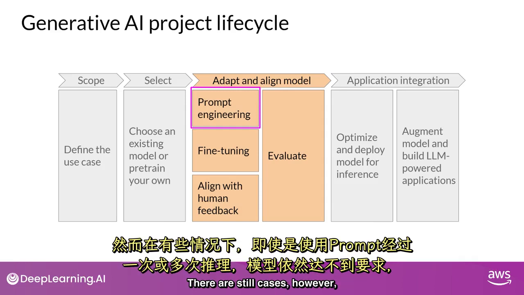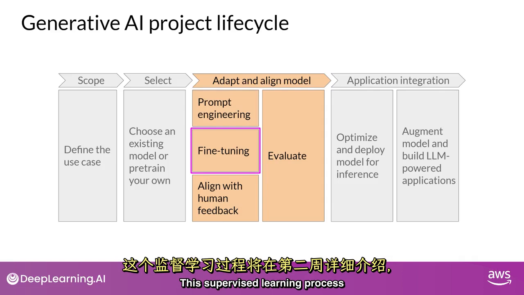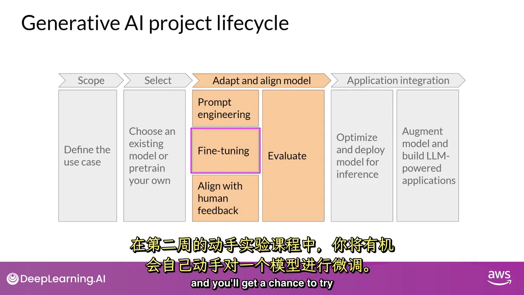There are still cases, however, where the model may not perform as well as you need, even with one or few shot inference, and in that case, you can try fine-tuning your model. This supervised learning process will be covered in detail in week 2, and you'll get a chance to try fine-tuning a model yourself in the week 2 lab.